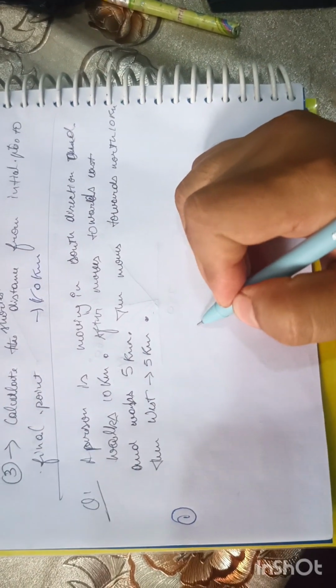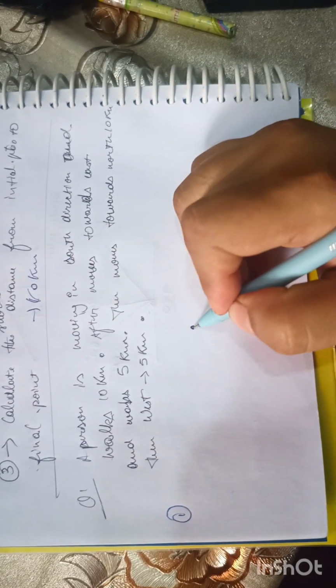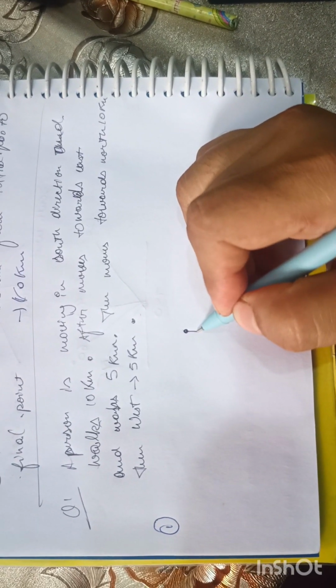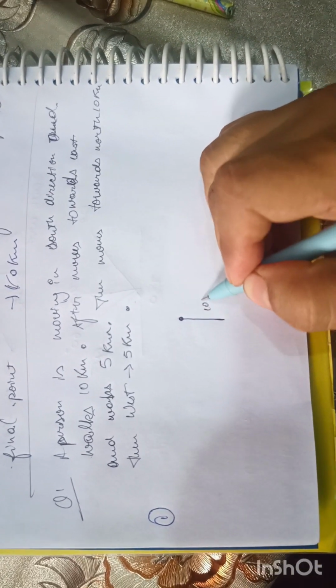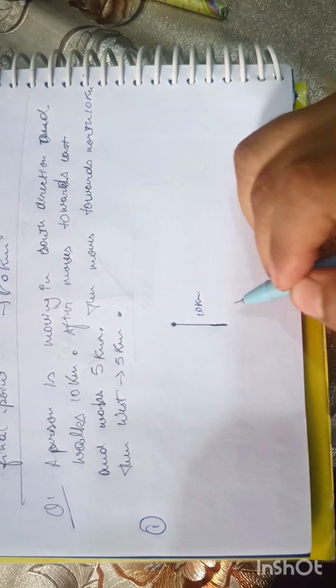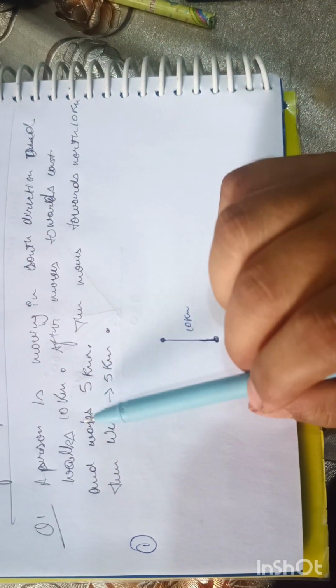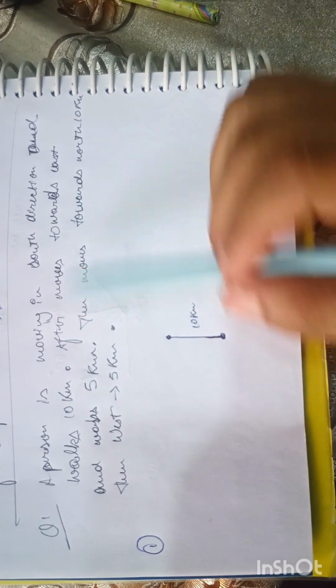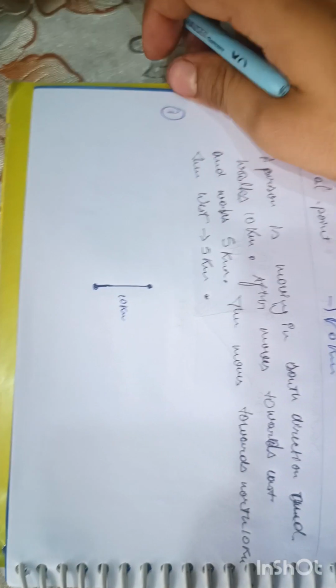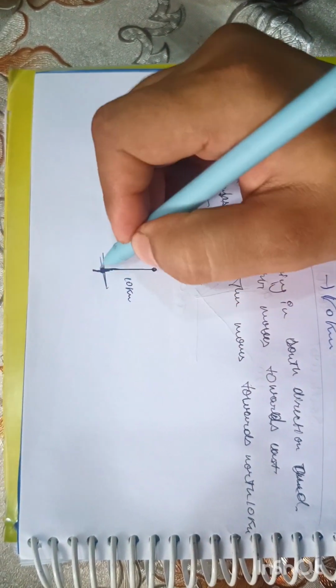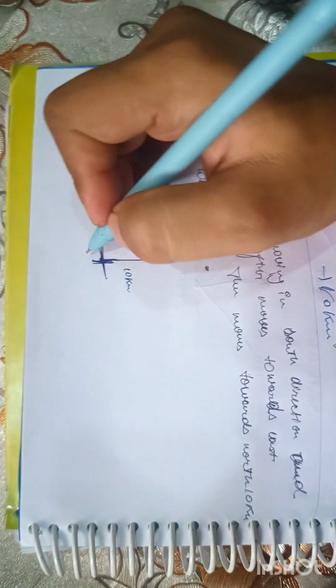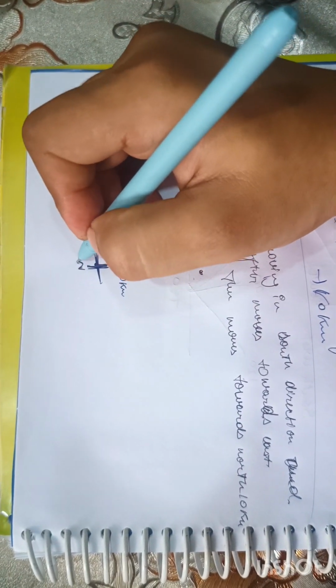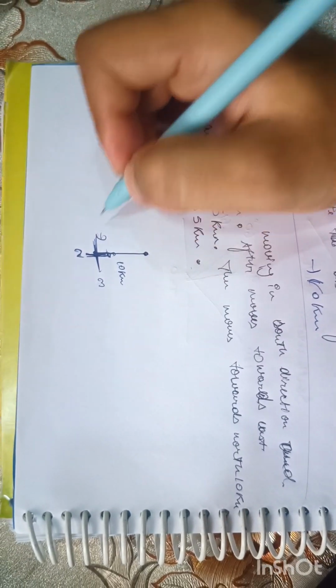So we start from here, you walk in southward direction for 10 kilometers. Okay, after that he moves toward east. So I give you the suggestion to rotate your notebook and mark there a plus. Okay, now this is his north, this is his south, this is west, and this is east.